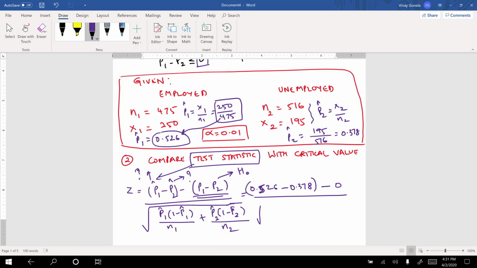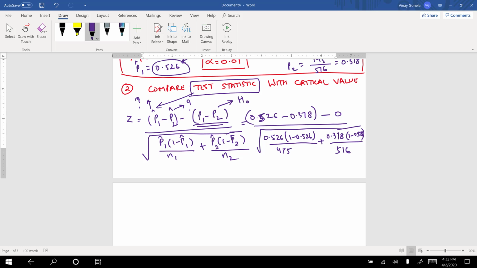And then the square root of P1 hat 0.526, times 1 minus 0.526, divided by n1 which is 475, plus P2 hat 0.378, times 1 minus 0.378, divided by n2 which is 516.